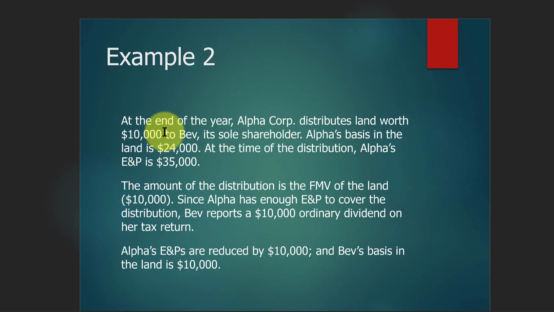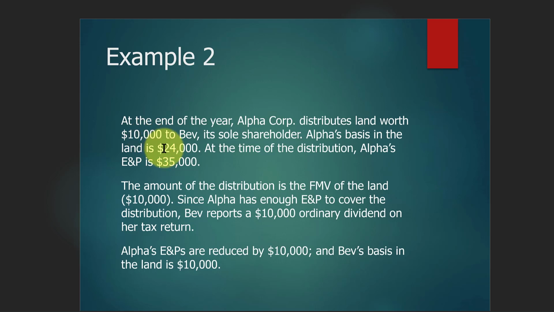In fact, if you were this corporation, probably what you should do is sell the land to a third party and not distribute it to the shareholder. So now you can have a loss of 14,000, either ordinary or capital loss, that you can deduct to certain limits, and then use the proceeds of 10,000 and pay out a cash dividend to the shareholder.